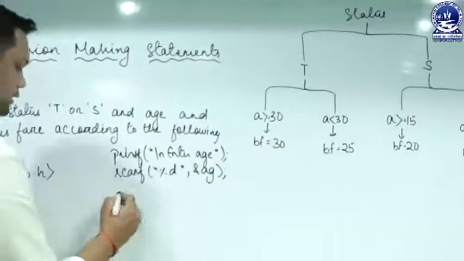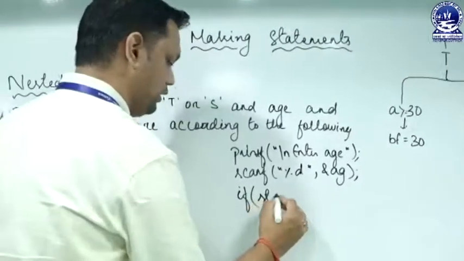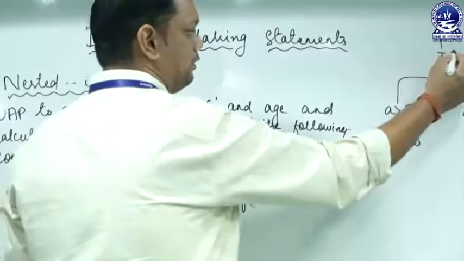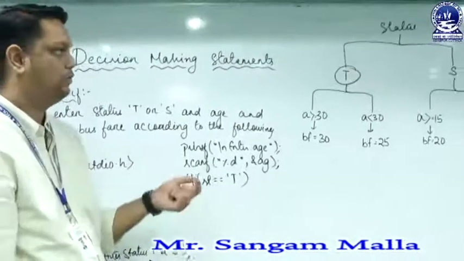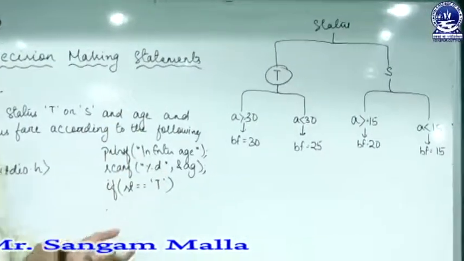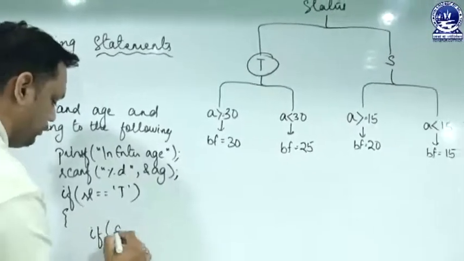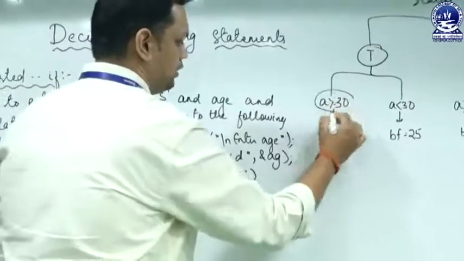So first condition is that it will check if ST, which is the status, is equal to T. That means first I have to check whether the status of the person is teacher or student. If it is T, next it will check if age is greater than or equal to 50, which is the first condition.